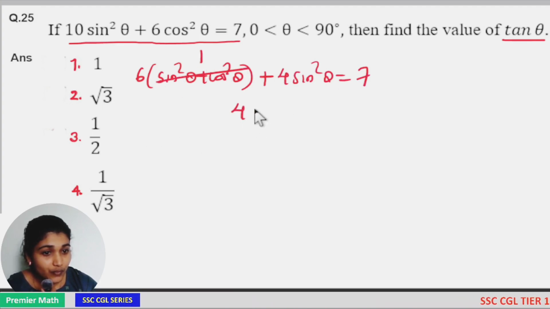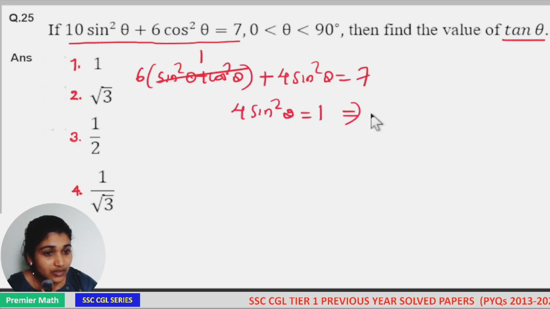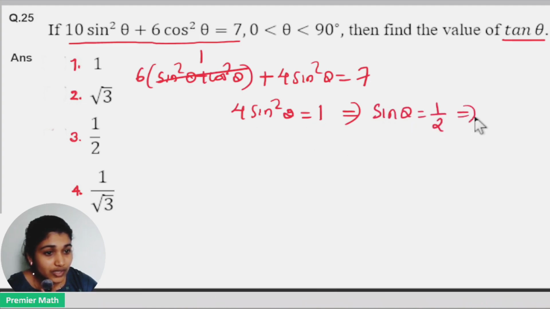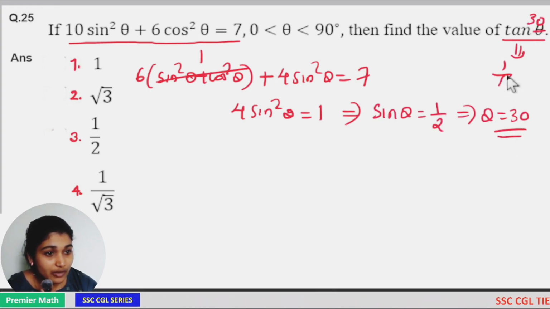Now 4 sin square theta is equal to 7 minus 6, 1. Which means here sin theta is equal to root of 1 by 4, which is 1 by 2, then theta here is equal to 30 degree, which means tan 30 is equal to 1 by root 3. Option 4 is your answer.